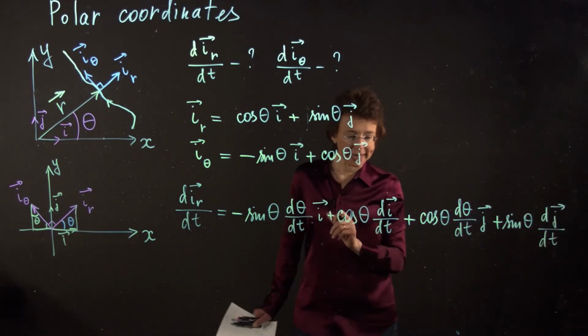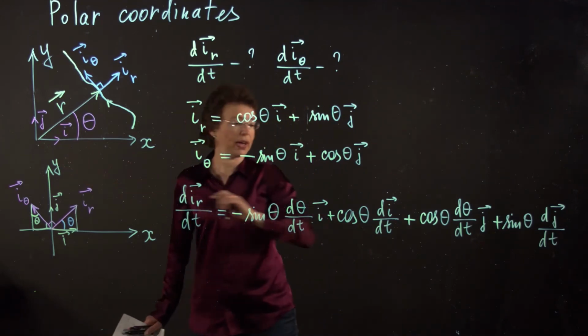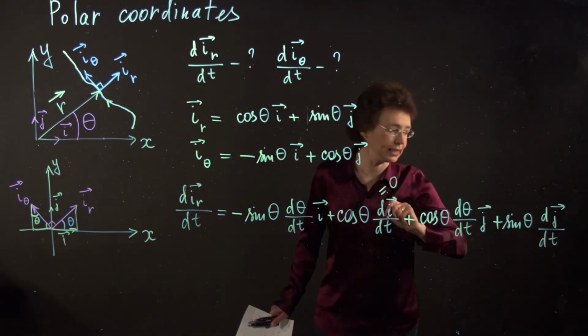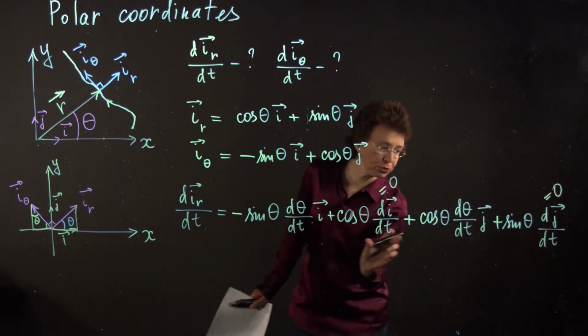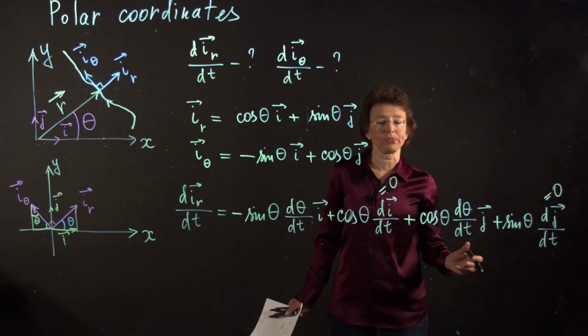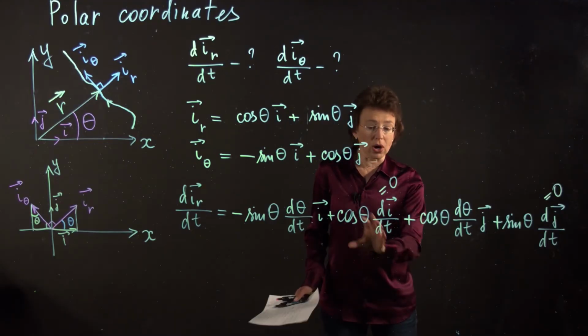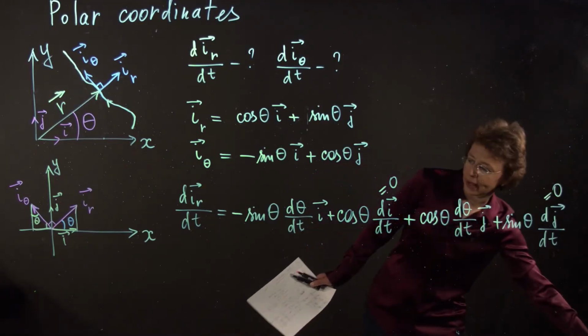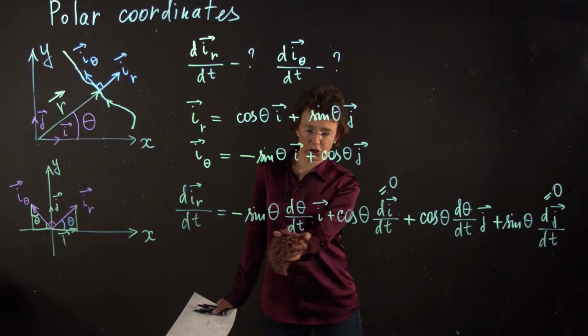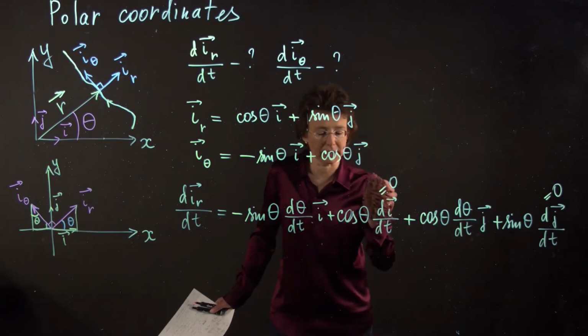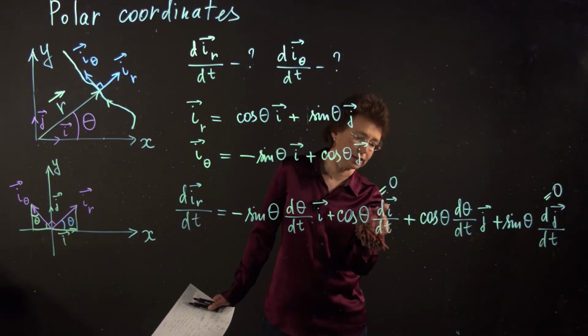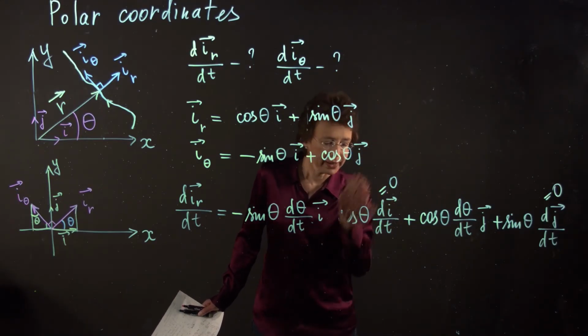However, what is di/dt? i is a unit vector with fixed direction, so di/dt is 0. dj/dt is 0. So these two guys are 0. What I will do now is erase these two guys and rewrite this one. We don't need them. We already understood that, yes, the derivative of i is 0.